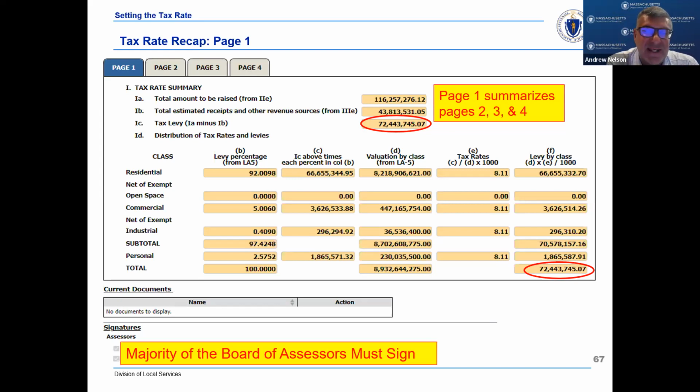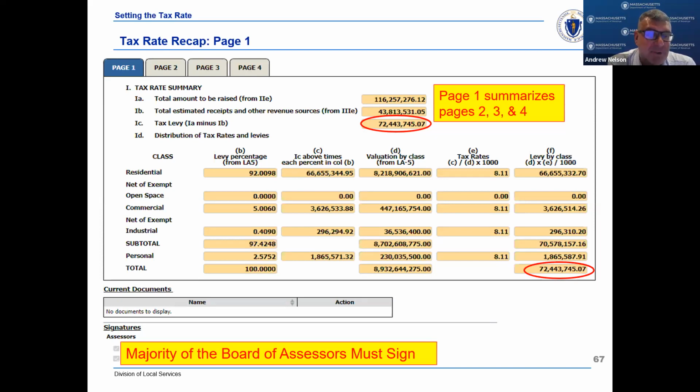This town has a single tax rate. You can have a single tax rate or a split tax rate. This is a single tax rate, meaning everyone in the community pays the exact same tax. So the residential folks, which you'll see in column B, make up 92% of the community, pay $8.11 per thousand. The commercial people pay the same thing. They make up 5% of the community.